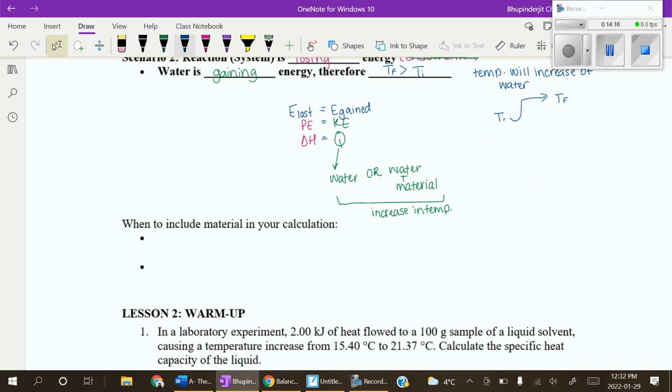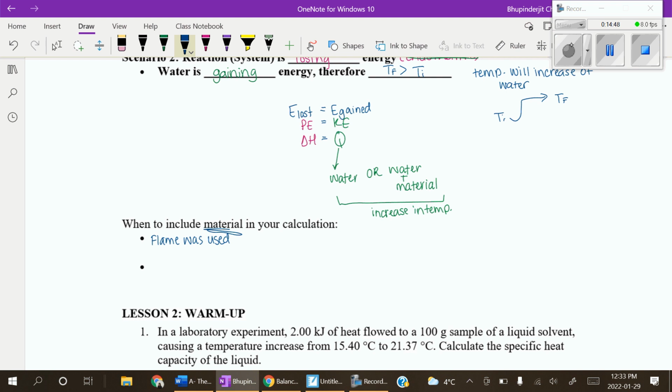Okay, so just theoretically looking at it, whenever you read a word problem, there are some indicators of when you should include the material into your calculation. First indication is flame. They mentioned that a flame was used. So flame was used. Okay, this refers to a flame calorimeter. If you see the word flame, it means you need to include the material into your calculation.